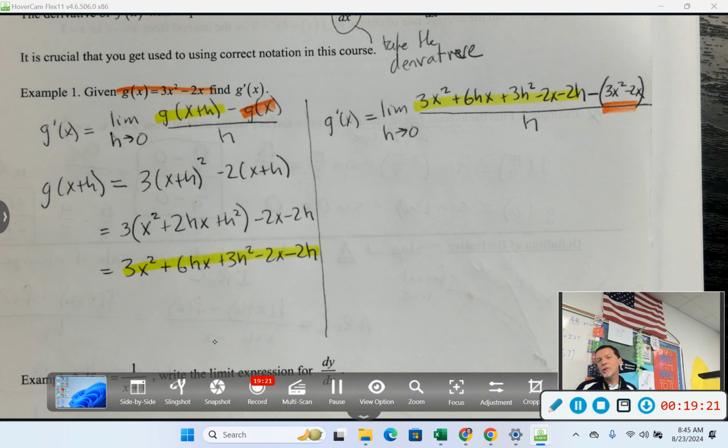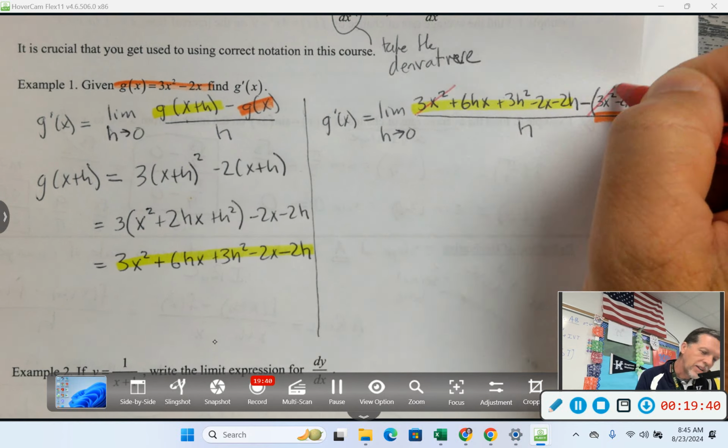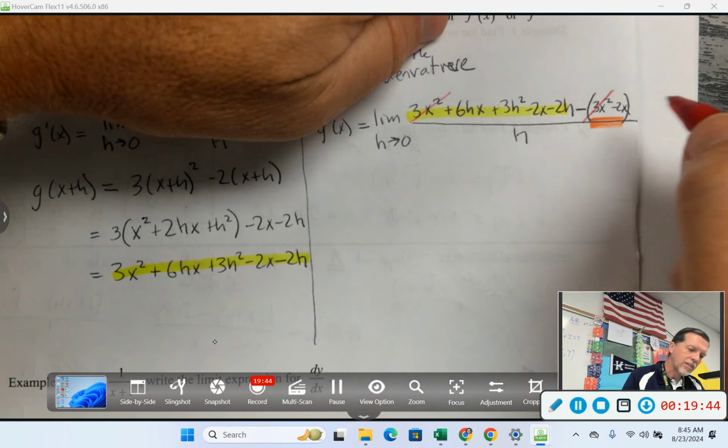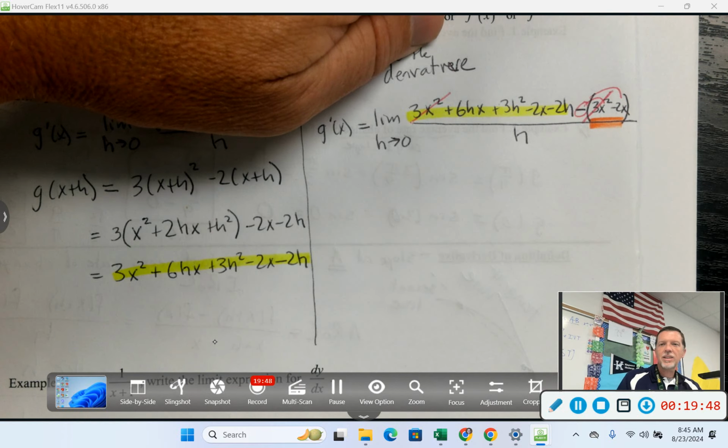Okay, right now we are at peak yuckiness. After you plug in all that junk, it's a mess, but now things start to look better. Do you see something we could simplify? What could go away? 3x squared minus 3x squared will go away. And the 2x: careful, because it looks like minus and minus, but distribute the minus sign.